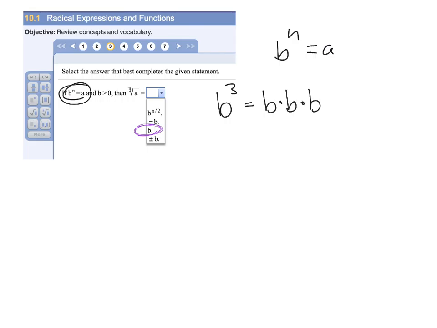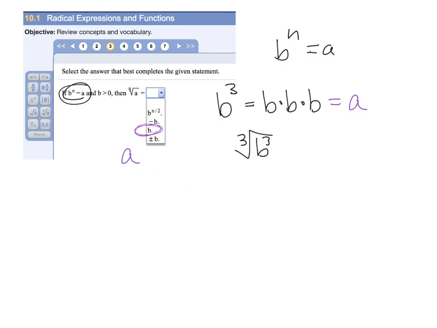If we were to do the third root of b to the third power, and say that this is equal to a, then I replace that b to the third power with an a.